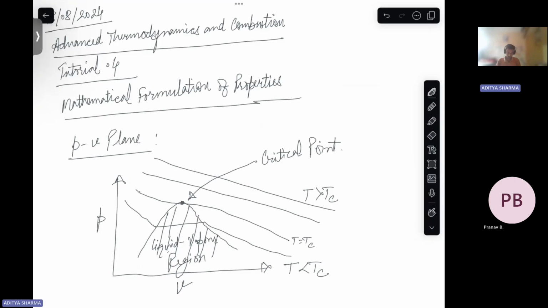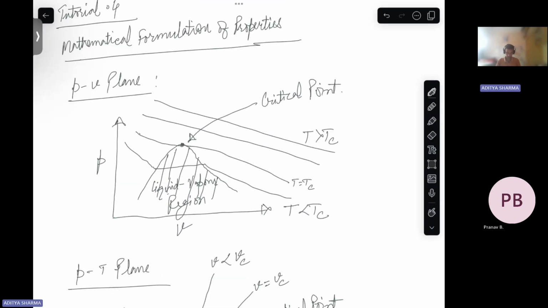So if we see our PV plane, so here if you see the shaded region is the region where two phases coexist. So in it the curve is firstly flat. Okay. So flat means the slope is 0.